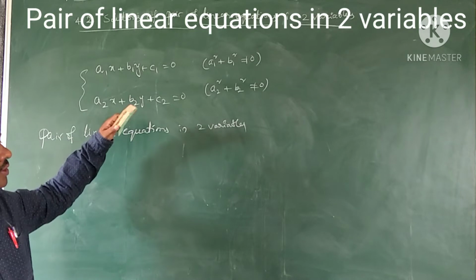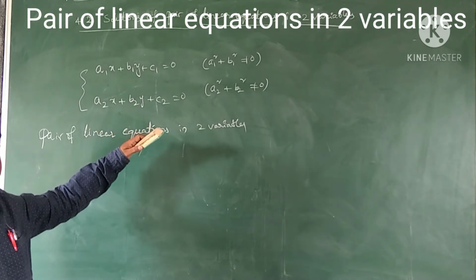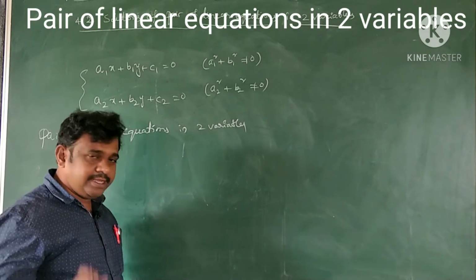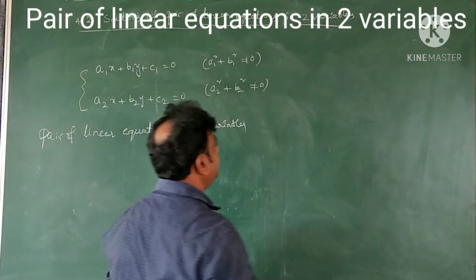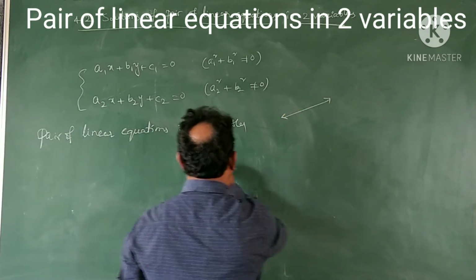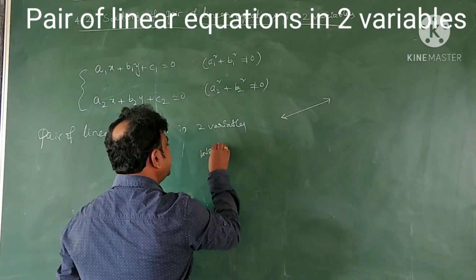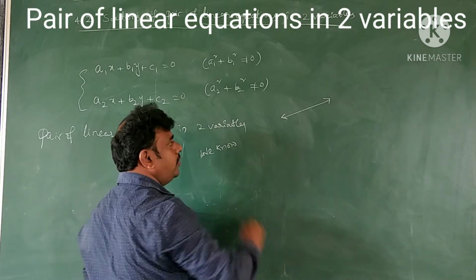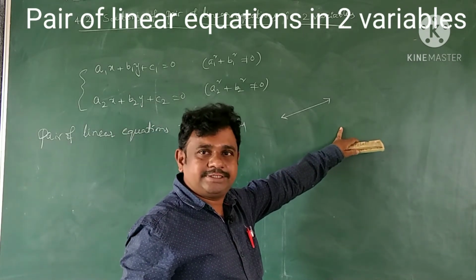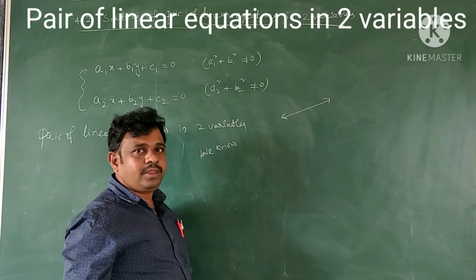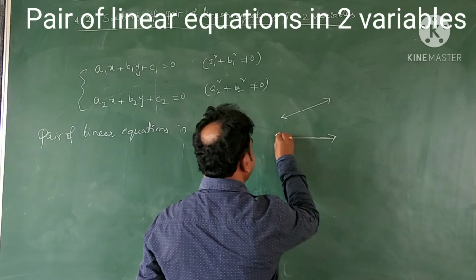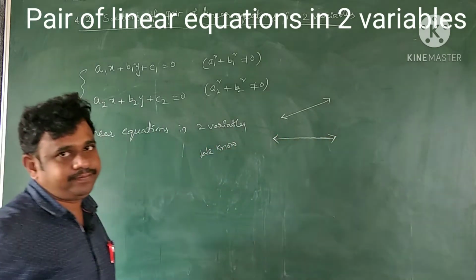Before we compare the coefficients of the pair of linear equations, let us recall that a linear equation represents a straight line, and the second linear equation also represents a straight line.